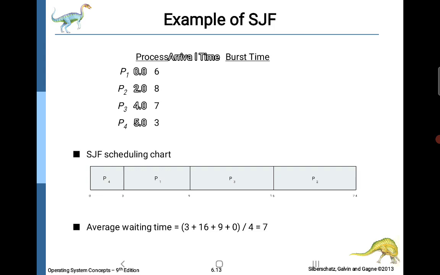If we ignore the arrival time, we assume that all processes arrived at the ready queue at the same time, then P4 will go first, P1 will go next, P3 will go third, and P2 will go last. Waiting time for P4 will be 0, for P1 will be 3, for P3 will be 9, and for P2 will be 16. It's an average of 7 time units.